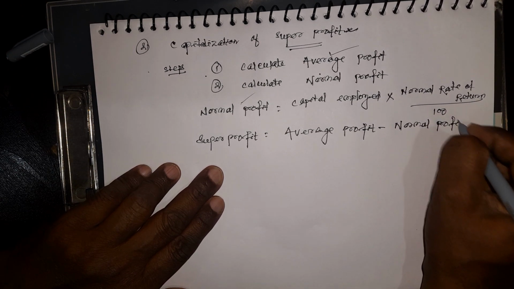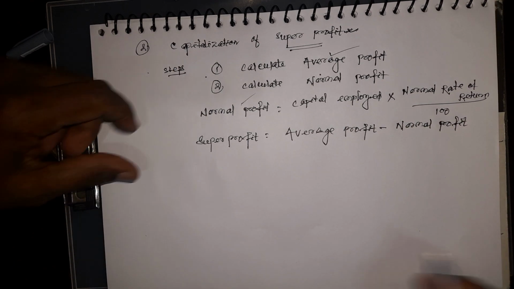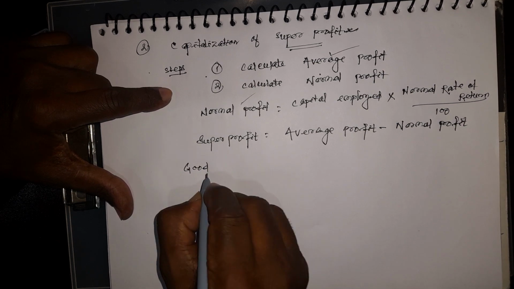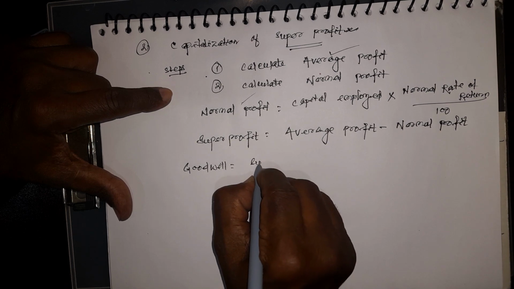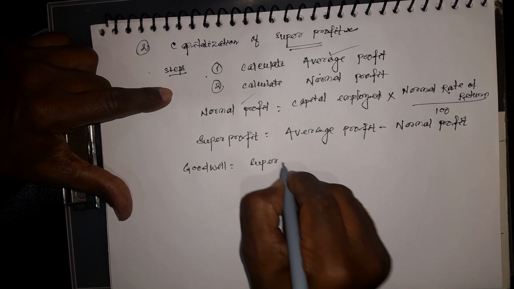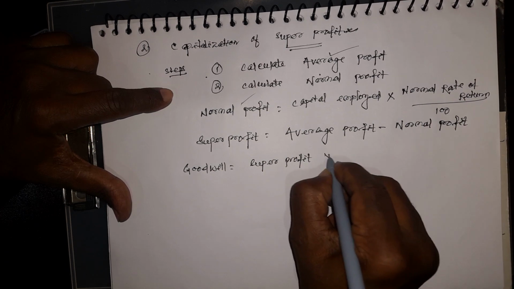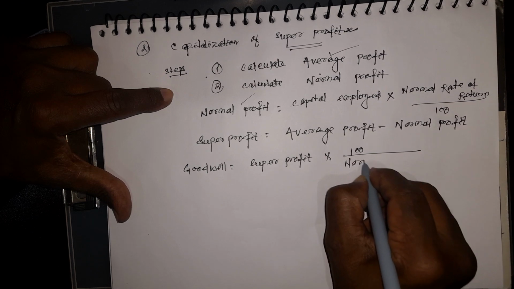After getting the value of super profit, under the capitalization method you calculate the goodwill. Goodwill equals super profit into 100 by normal rate of return.